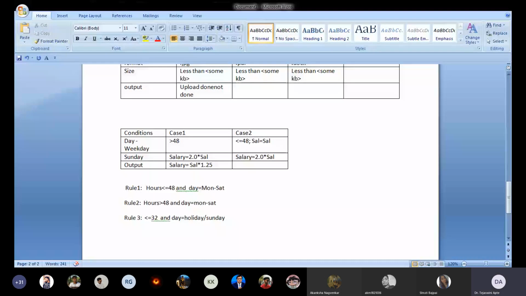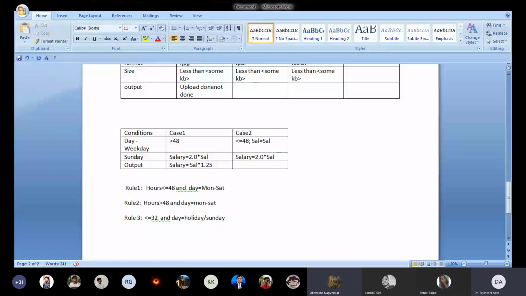The working hours are greater than 48, but holidays or Sundays is false. So what am I going to have? 1.25 of salary. Rule 2 is saying working hours is not greater than 48. It is not holidays or Sundays. So what am I going to draw? Only the normal salary. Are you getting my point, all the participants? Yes, ma'am. Understood, ma'am.